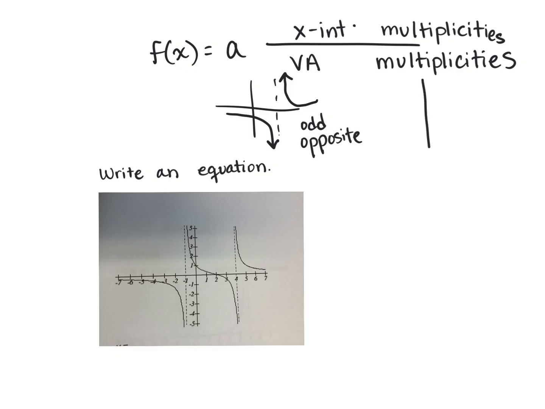Now, if you have an even multiplicity, you might have an asymptote here, and then maybe this one goes this way, and this one goes this way. All right, so they're going in the same direction. So if they're even, then they go in the same direction. So your multiplicities work very closely with what your graph is going to give you.